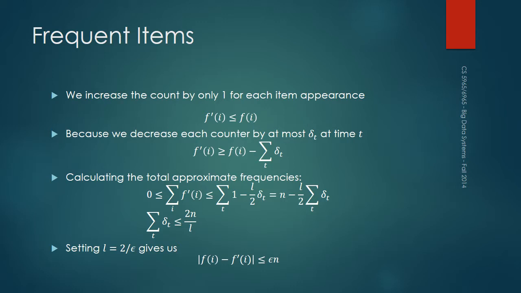Go ahead. My question is, if I have a distribution like this, and say T is equal to 45, and my L is equal to 10, and my delta T at T equal to 45 is 3.